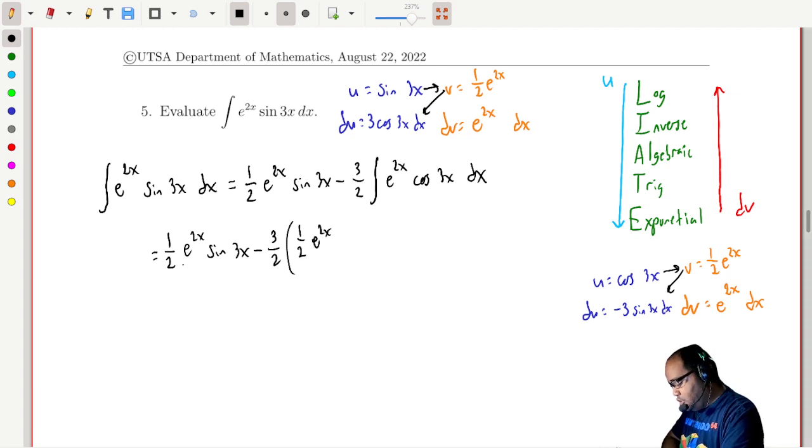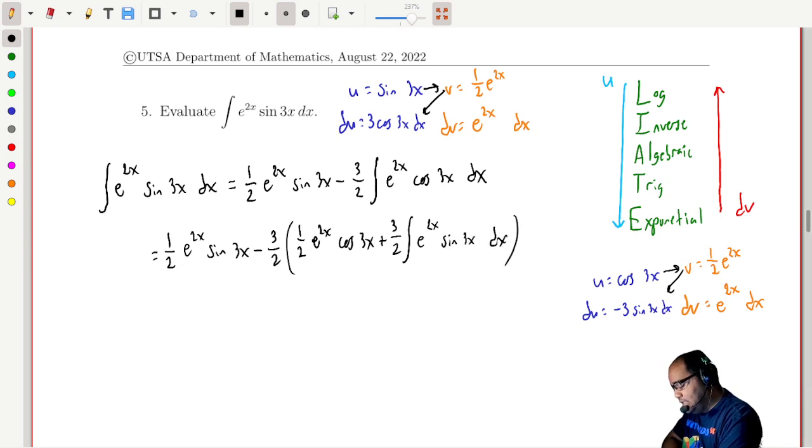E to the 2x cosine of 3x minus the integral of v du. Well, I have a 3/2, but there's a minus. But my integration by parts formula has a minus built in, and minus times minus is plus. Plus 3/2 times the integral of e to the 2x sine of 3x dx.